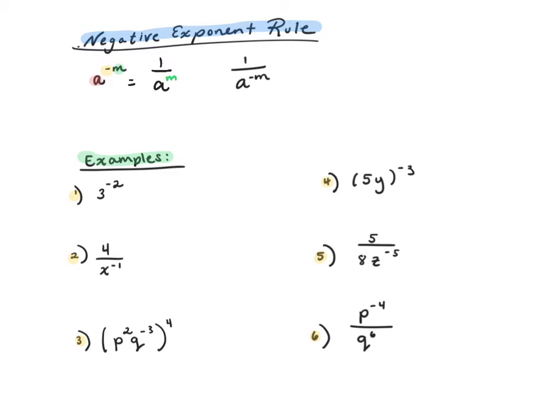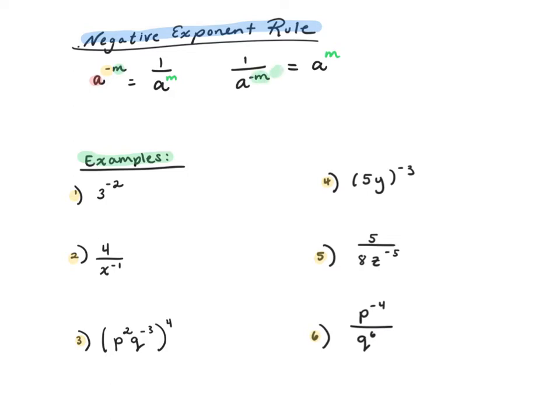It's like it becomes the reciprocal. Now, if you see a negative exponent in the denominator, I could do this a little more mathy way, where I make it the denominator in the denominator, but really what ends up happening is that it goes to the numerator. So this is the same as a to the positive m in the numerator.